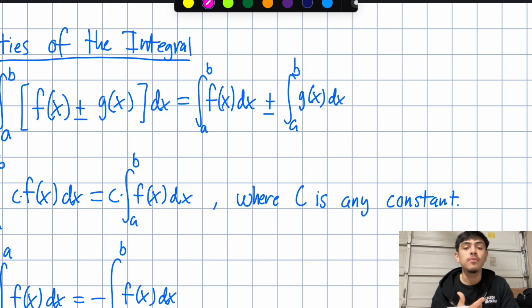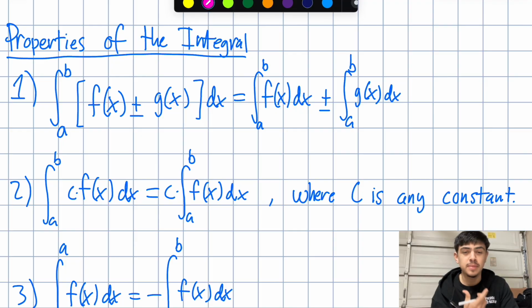This is helpful for beginners especially, because if we have a complicated looking function but the terms are separated with pluses and minuses, we can separate them into separate integrals and evaluate them one by one. It's much easier on the eye and can relieve a lot of stress, just saying, okay, I can take one at a time.